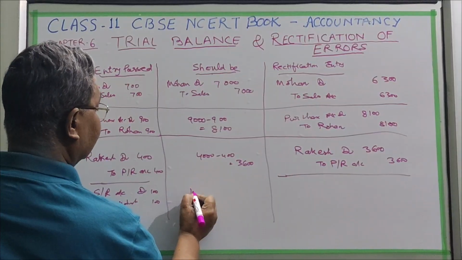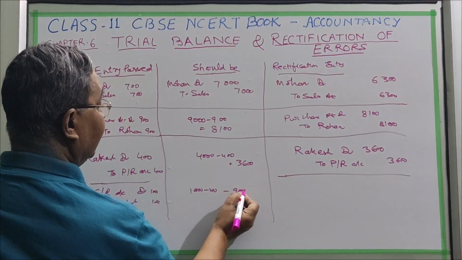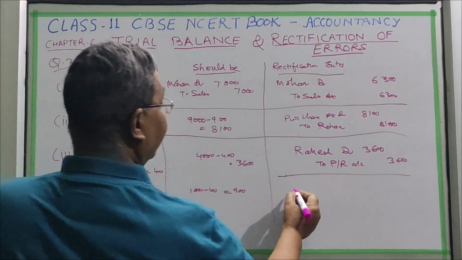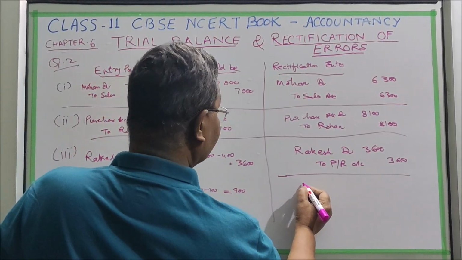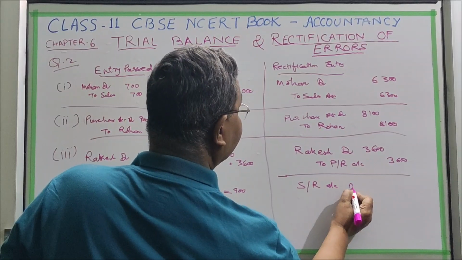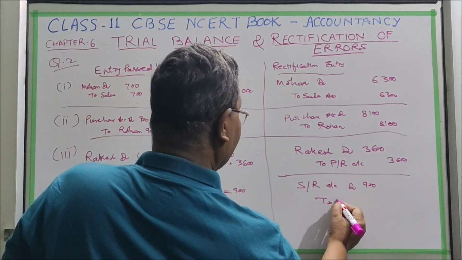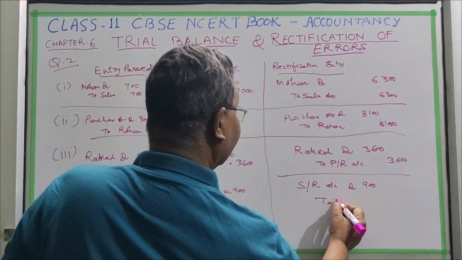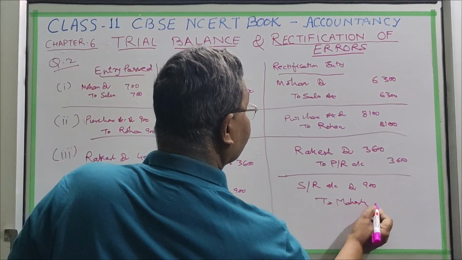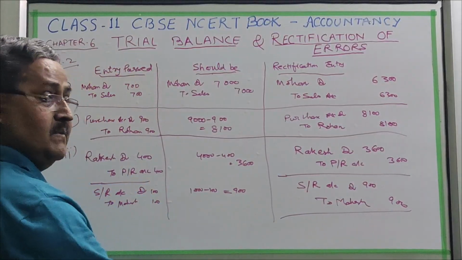Should have done 1,000. So 900 rupees is required. So what you will do, you will write sales return account debit by 900 to who has given? To Mahesh 900. And this one word is over.